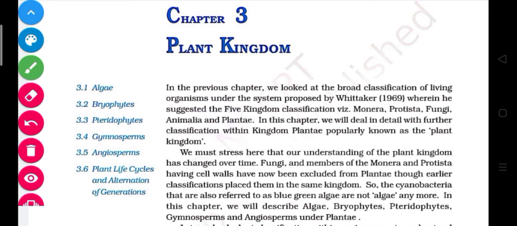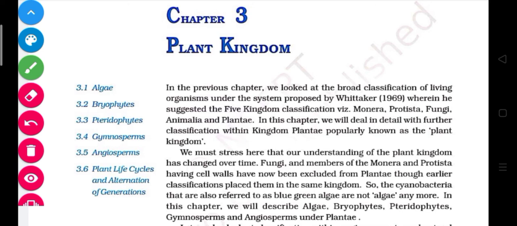In order to identify distinctions among organisms, many scientists attempted to classify them. In that, there are 2 kingdom classification, 3 kingdom classification, 4 kingdom classification, 5 kingdom classification, and 6 kingdom classification.